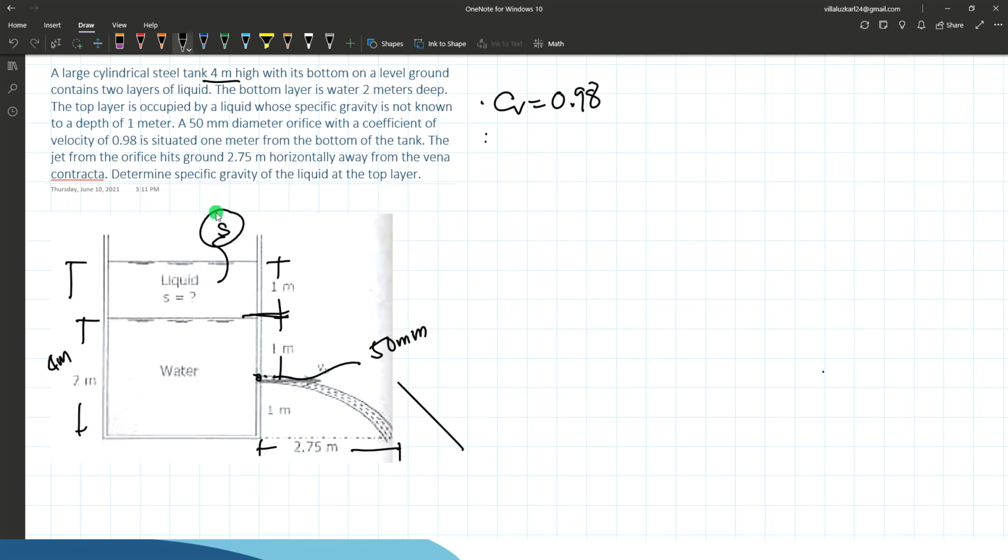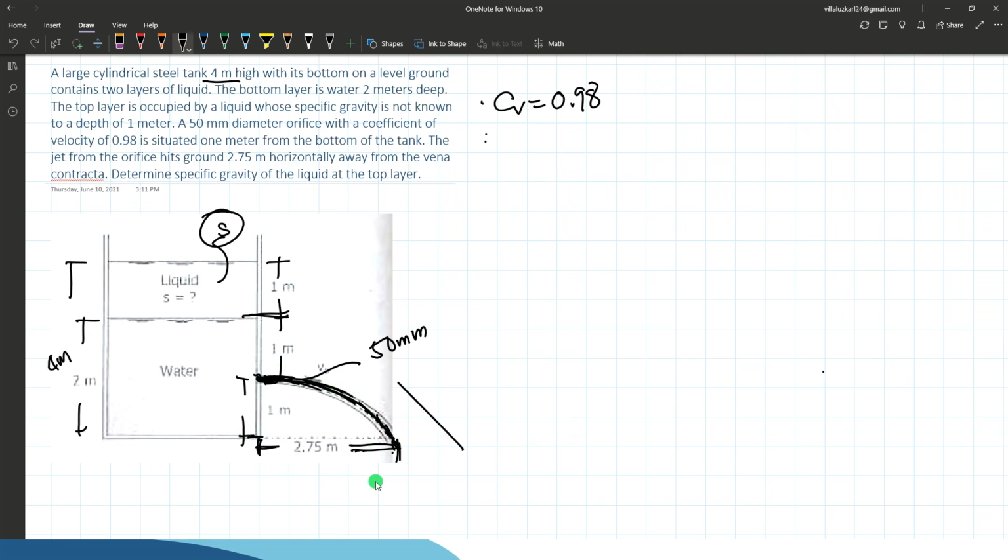So what will be this specific gravity right here? Based on the given, we have a distance of 2.75 meters, and it is measured 1 meter from the bottom of the tank. So water is flowing from the orifice and it reaches that point, which is 2.75 meters.